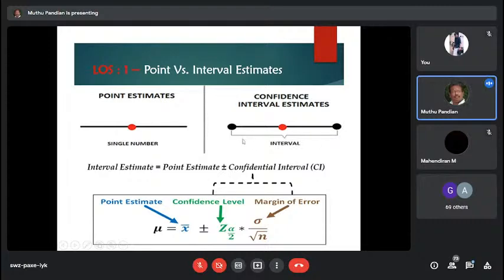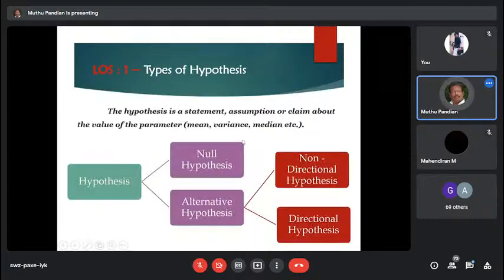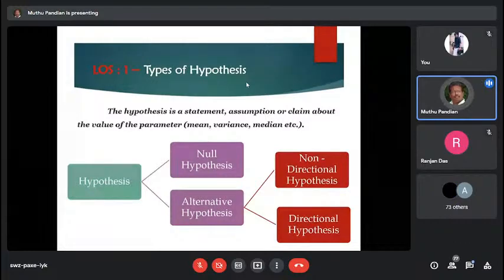Okay, fine. The next part is hypothesis. What is meant by hypothesis? A hypothesis is a statement, an assumption, or a claim about the value of a parameter. For your understanding, it is a verifiable statement.